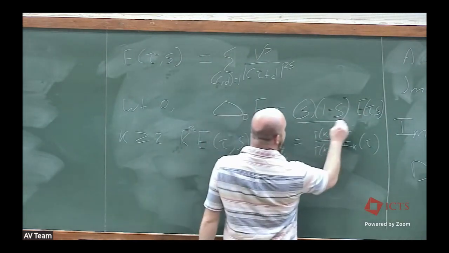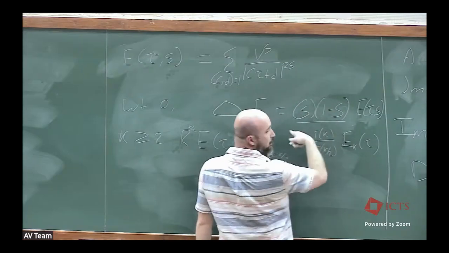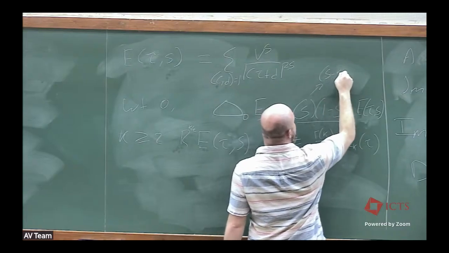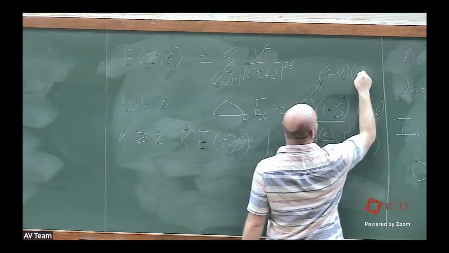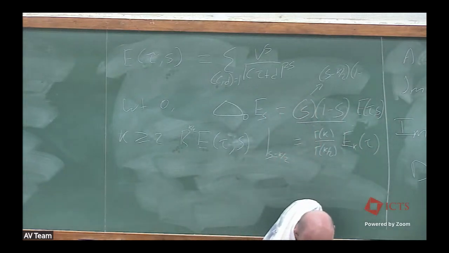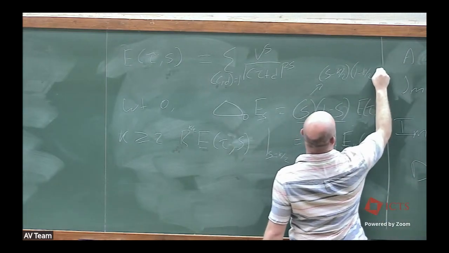If you look at your eigenvalue like this, as we apply the raising operator over and over again, this is going to turn into s minus k halves times 1 minus, let's see, what is it? 1 minus k halves minus s.